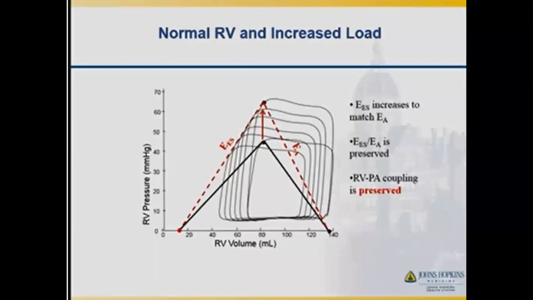And when you see the normal RV response to increased load, especially afterload, we say that the RV is highly sensitive to changes in afterload. Afterload, we mean the impedance to right ventricular flow from the pulmonary circulation.